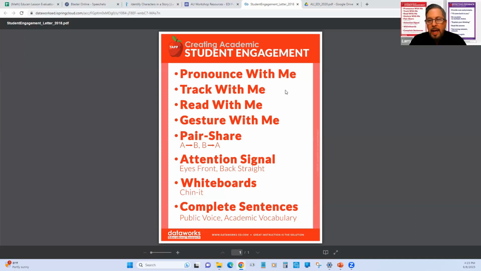And make sure that we call on students with the whiteboards. I never use sticks. It's teacher's choice. I think we remember that from the last time. Always the teacher's choice. I don't want to pull a stick and pick on the one student that got it wrong. I don't want to embarrass that student. I want to give everybody an opportunity to succeed.